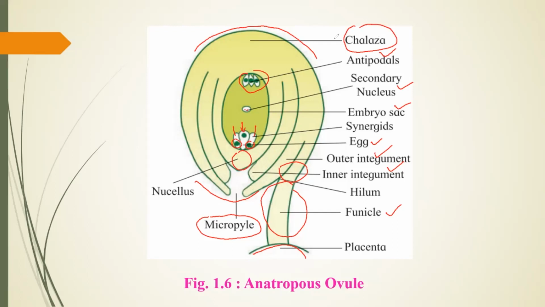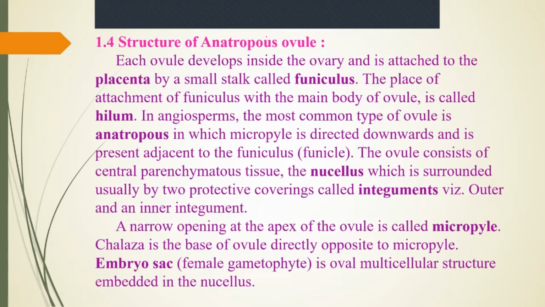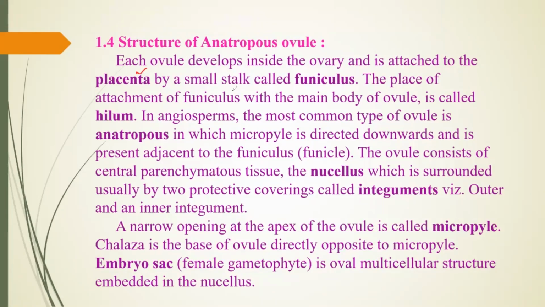Okay, that is the structure. So let's come back to the point. Each ovule develops inside the ovary and is attached to the placenta by a stalk-like structure called the funicle. The place of attachment of the funicle with the main body of the ovule is called the hilum. In angiosperms, the most common type of ovule is anatropous, in which the micropyle is directed downward.